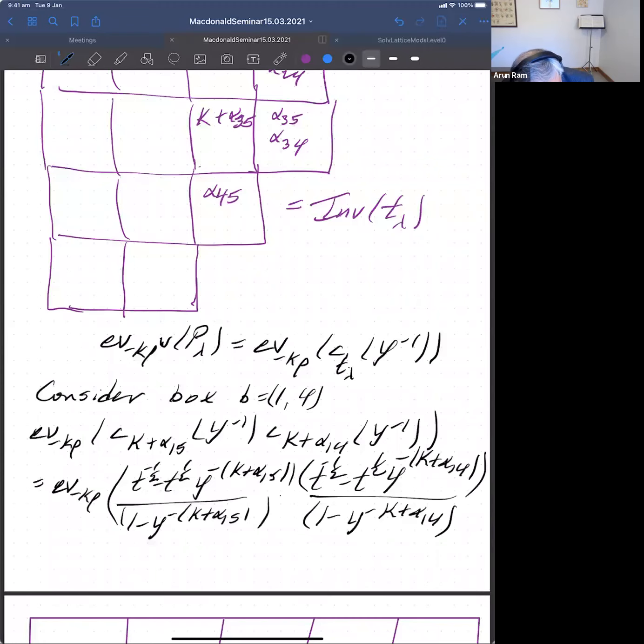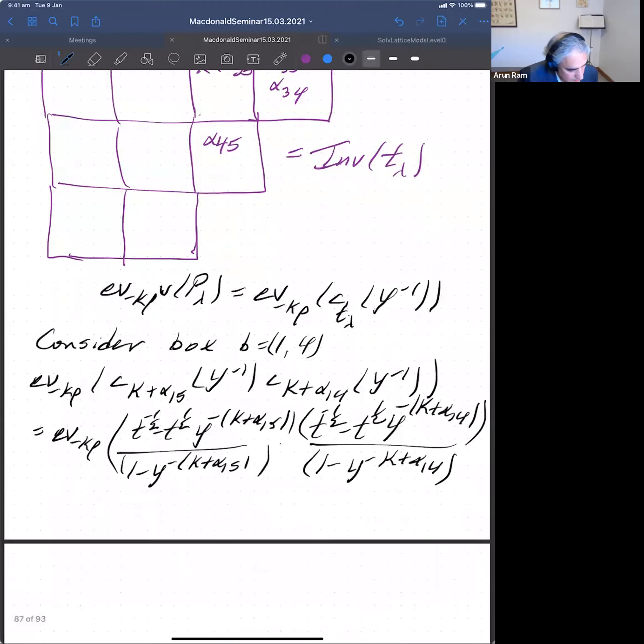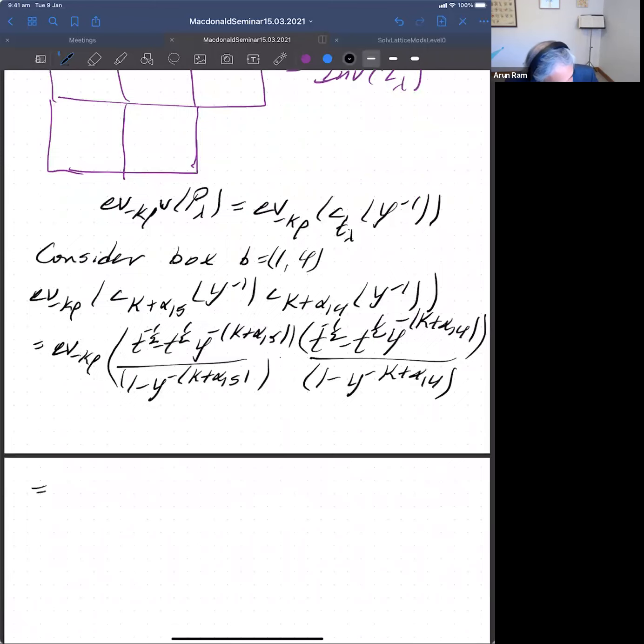Okay. And then you can pull out 2 factors of t to the minus a half, and let's write this as evaluation of minus k rho, just so you can see where the factors are coming from. So there's a 1 minus t, then this y to the minus k is turning into q, and then you have y to the alpha 1, 5.